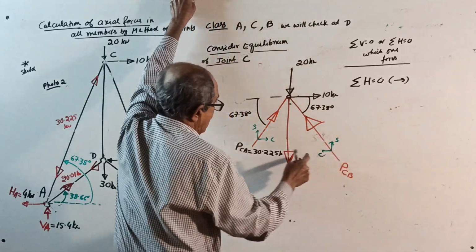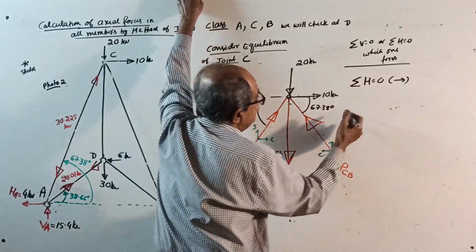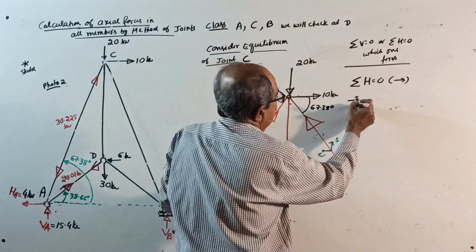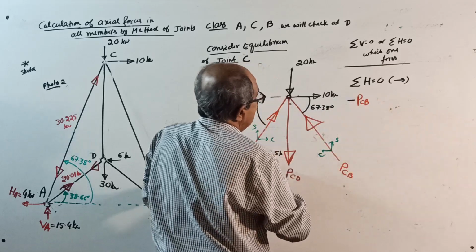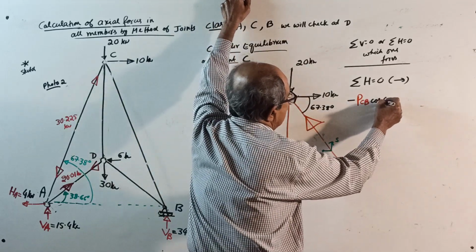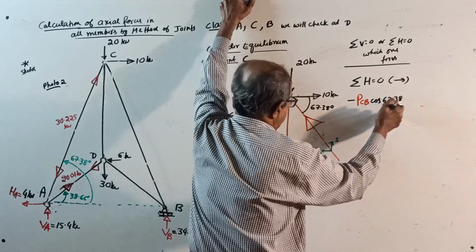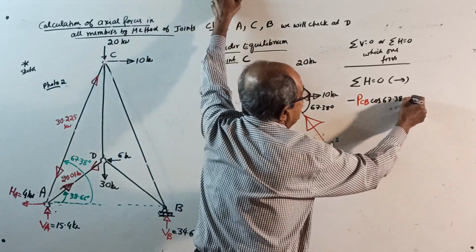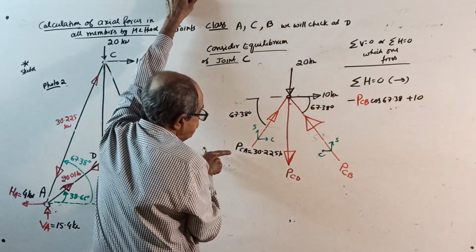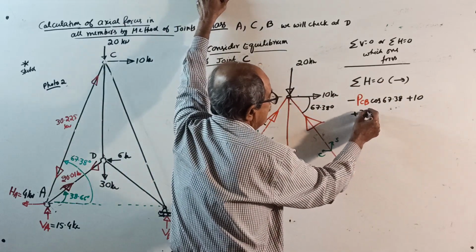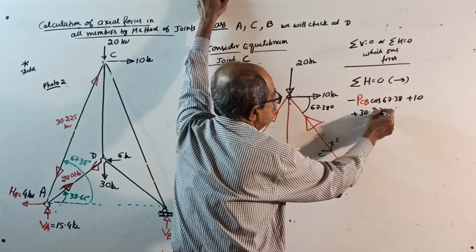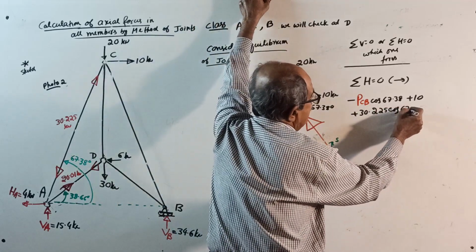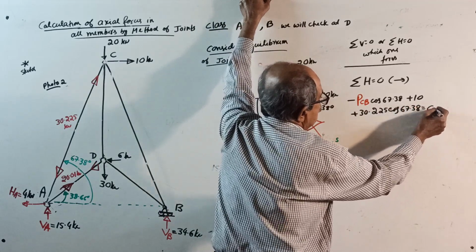See here, unknown first: minus PCB cos 67.38, minus that one, then plus 10 plus 30.225 cos of 67.38 equal to 0.